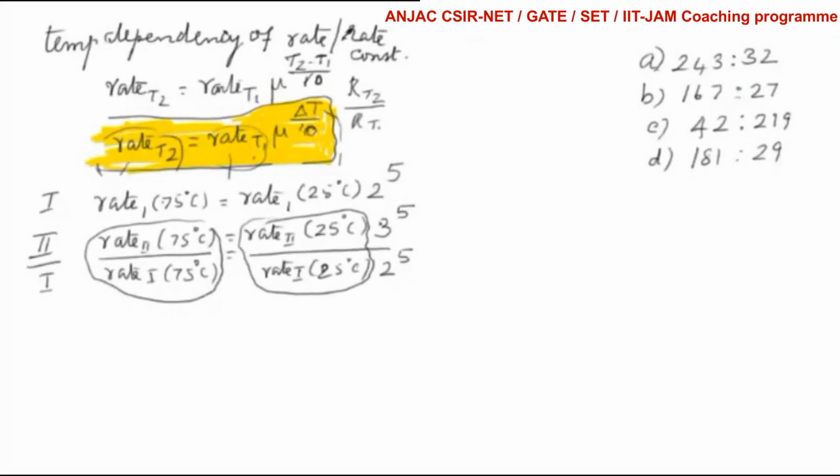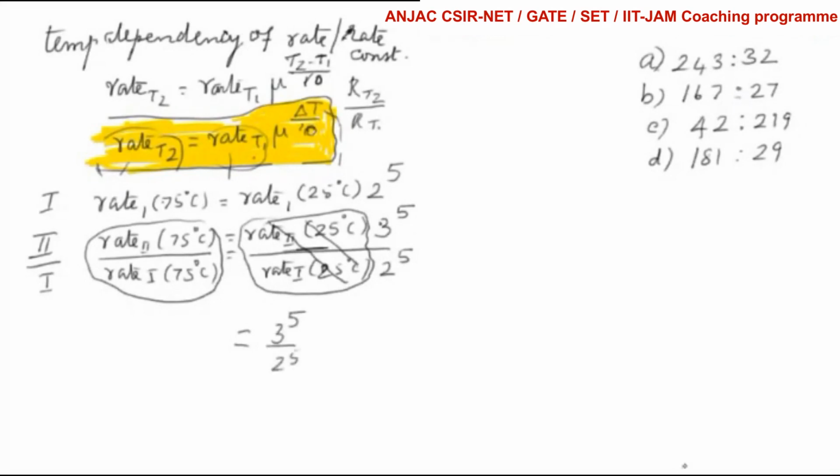Read out the first line. The two first order reactions having the same reactant concentration proceed at 25 degrees centigrade at the same rate. Therefore, the rate of the first reaction at 25 degrees centigrade and the rate of the second reaction are the same. Therefore, they cancel each other. Now the ratio would be equal to 3 power 5 by 2 power 5.